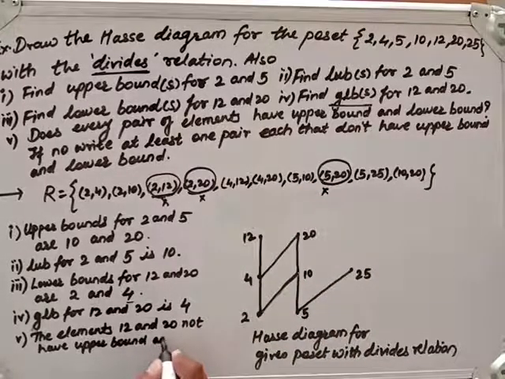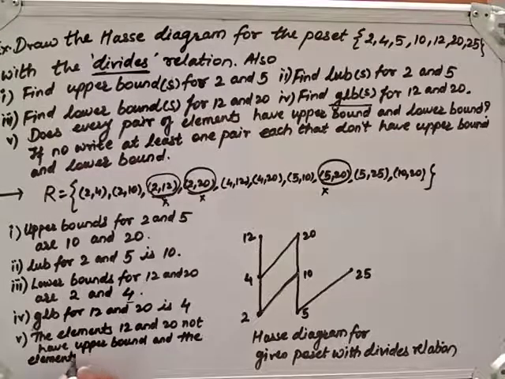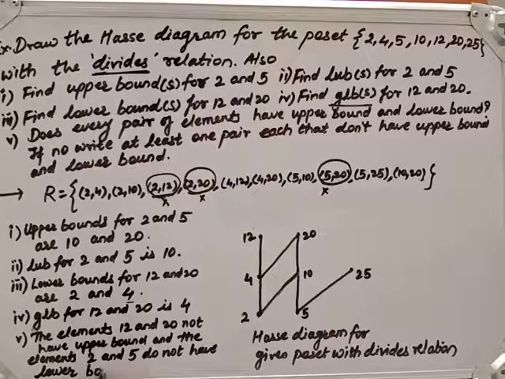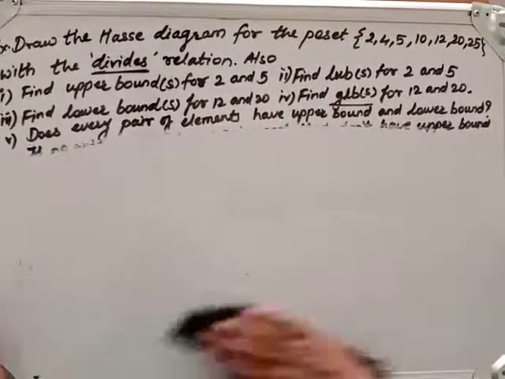And the elements 2 and 5 do not have a lower bound. Okay. Now this is about this question. Now let me take one more example of this kind so that your concept will be clear.